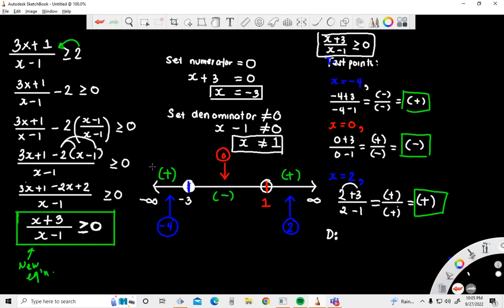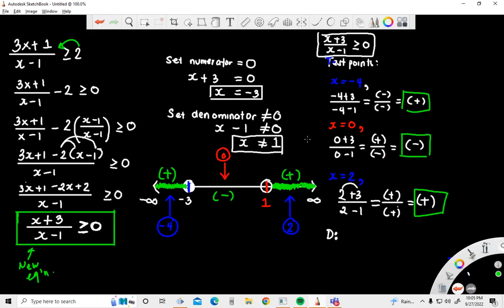So, ibig sabihin, ang kukunin lang po natin dito ay yung mga positive results. So, which is itong part na to. Lagyan natin ng shade. From negative infinity up to negative 3, si 3 ay including number dahil closed circle siya. Hanggang kay 1 up to positive infinity.